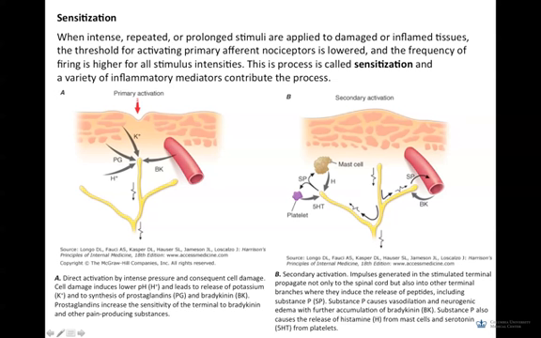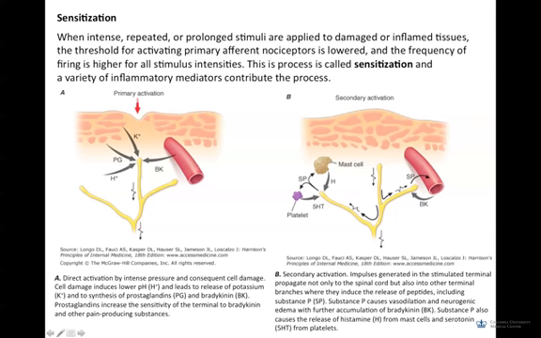Now, all of these mediators, in addition to just the pain of the initial injury, are increasing the excitability of this nerve ending, of this nociceptor nerve ending. Okay.